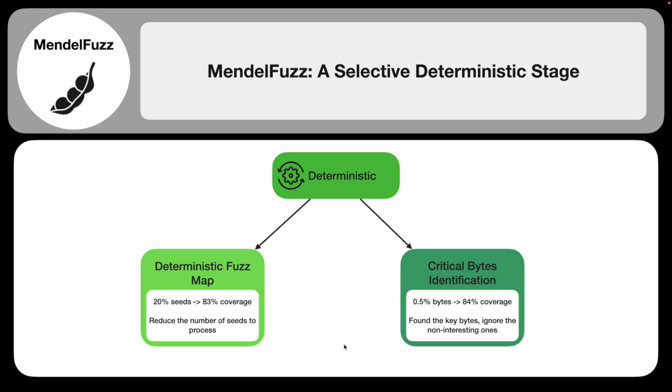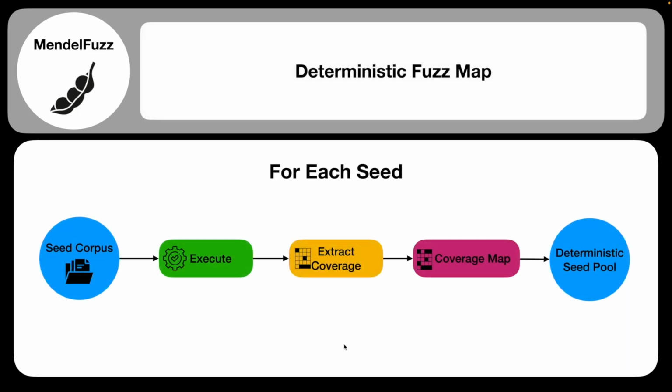So let's first look at the deterministic fuzz map. The idea here is that we want to select the subset of seeds which actually find a lot of the coverage. So we want to get the subset of seeds which get that 80% of coverage we found originally.